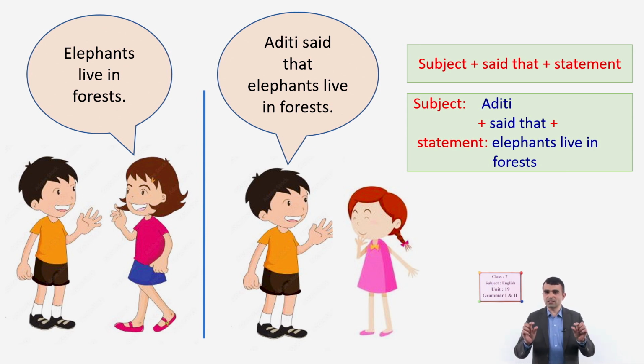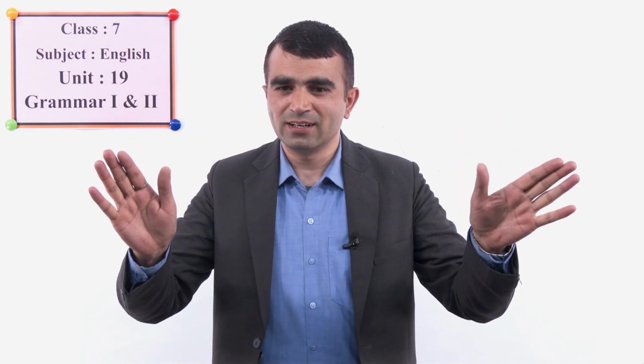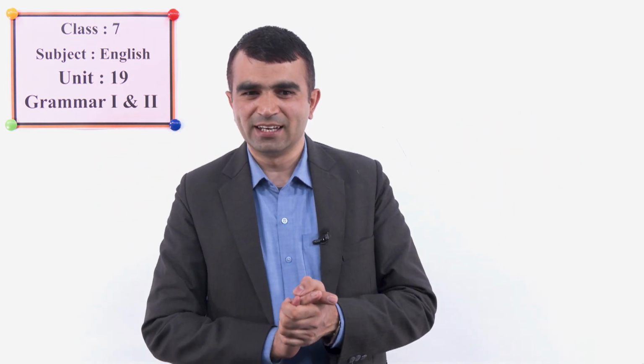Now that way we use said that, and statement is elephants live in forest, the same statement made by Aditi here. Okay. So we need subject, said that, and statement. Clear? Good, good, very good. Now you can report a statement, can't you? Good, very good. Can everybody do it? Good. Okay, amazing. You learned it.